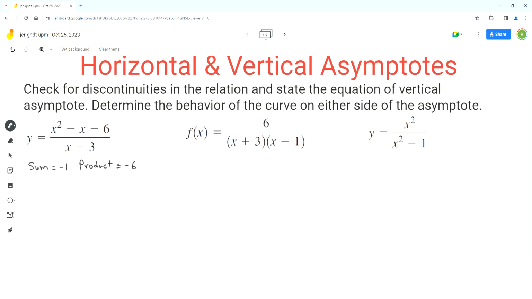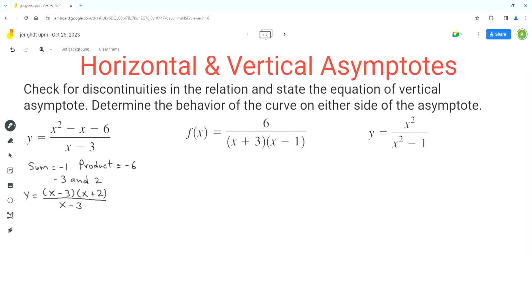So the two numbers can be -3 and 2. So we can rewrite this rational function as y equals x minus 3 times x plus 2 over x minus 3.